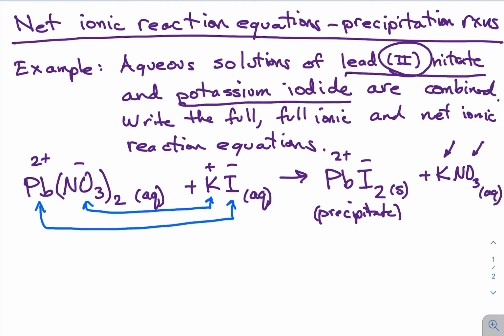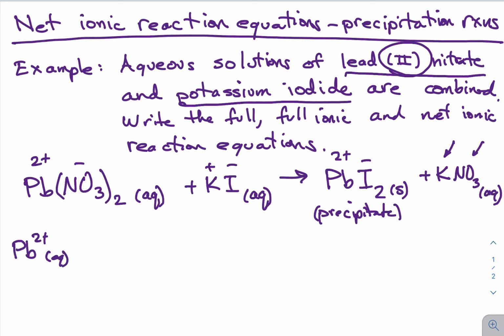I'm going to clean this up just a smidge. So now we are going to come up with our full ionic reaction equation. For the full ionic equation, we just separate ions for soluble ionic compounds, right? So this is soluble, it's ionic, it's going to dissociate, as we've seen several times.